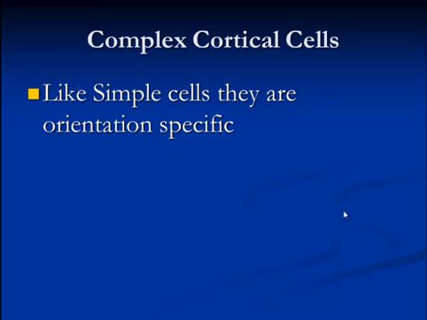So we call those cells that are very specific to orientation simple cells. So the simple cells like lines of very specific orientation, vertical, horizontal, between vertical and horizontal, and that's how they fire. They send signals to complex cells in the primary visual cortex.